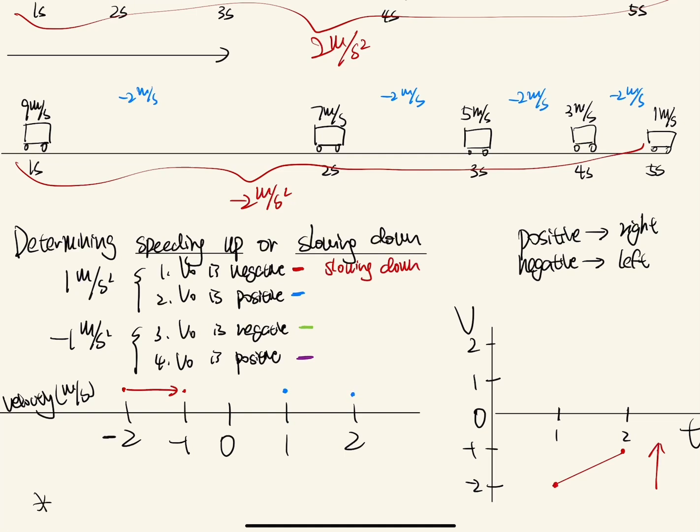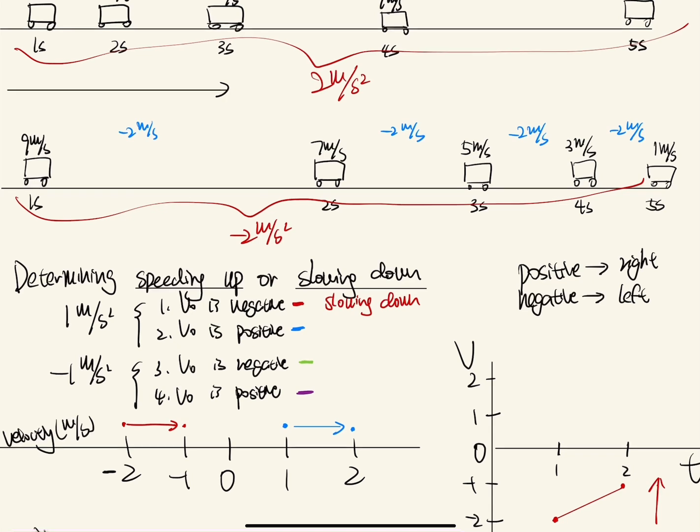You can understand this intuitively. So we can draw it on the VT graph. We can see the y data point is getting further from the x-axis, meaning that it's speeding up.